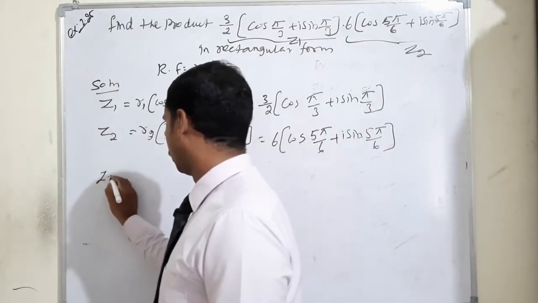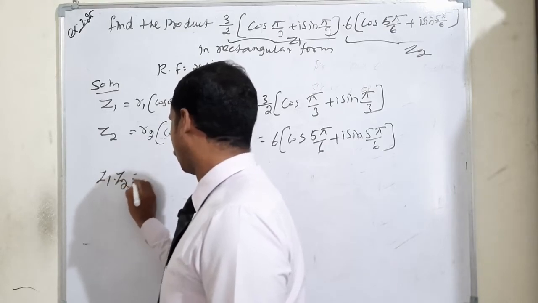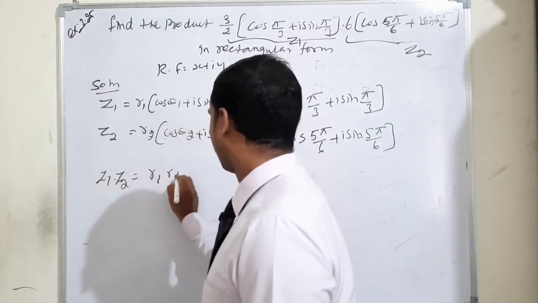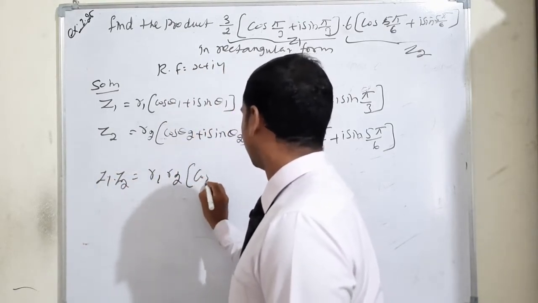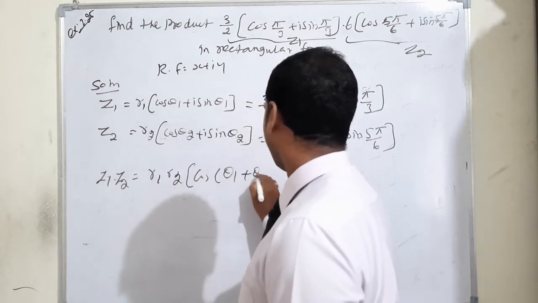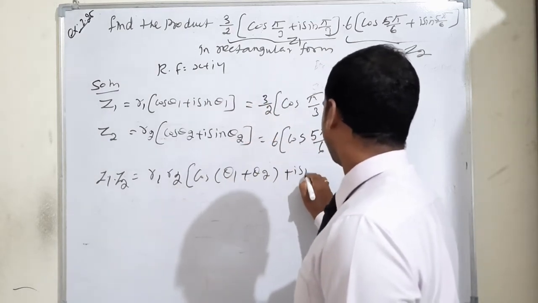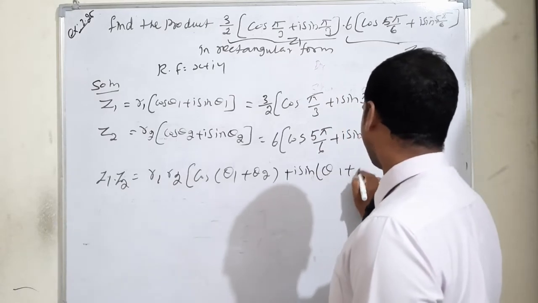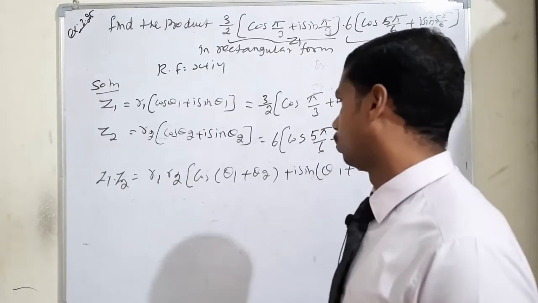So Z1 into Z2 is equal to R1 into R2 cos of theta 1 plus theta 2 plus i sin of theta 1 plus theta 2.